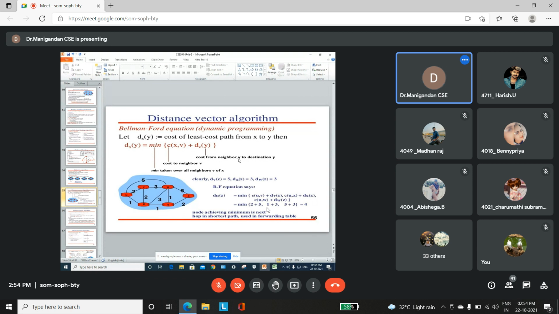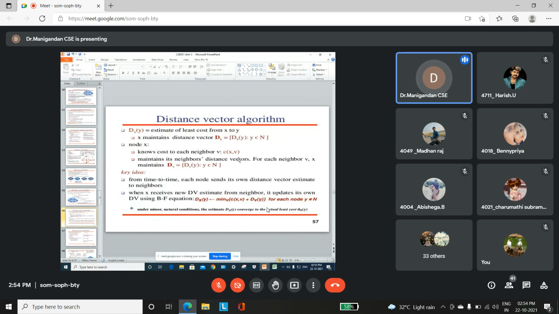Here d_x(y) is the estimate of the least cost from x to y. Node x maintains the distance vector D_x, equal to d_x(y) for y in N. So node x knows the cost to each neighbor, c(x,v), and maintains its neighbors' distance vectors.